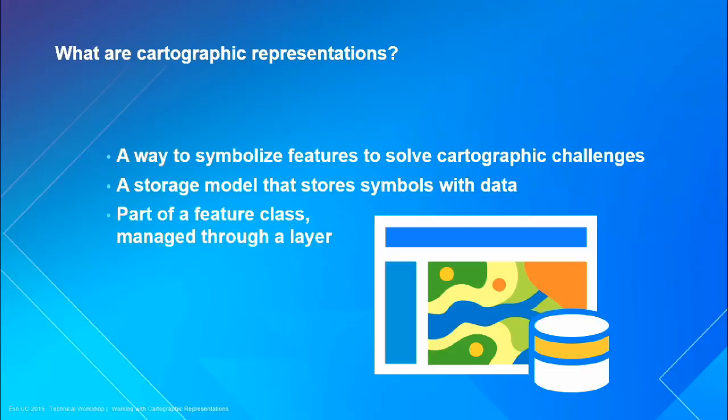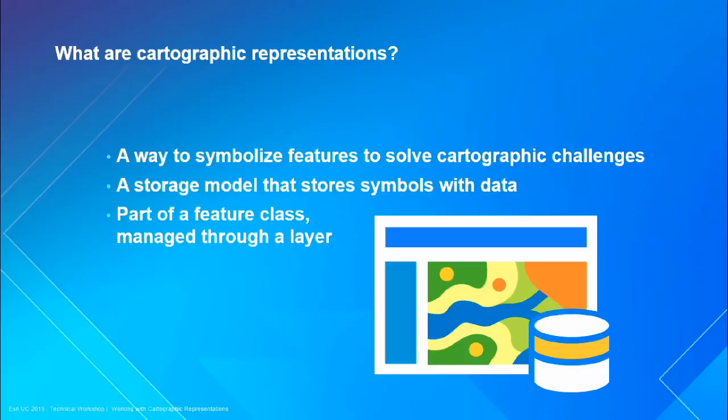So with standard symbols in ArcMap, you have data, and within the context of a layer in ArcMap, you apply a symbol, and they're not really connected to each other. With representations, we store symbol information right inside the feature class, so the data knows how to draw itself. And that's a little bit of a different way of thinking than the standard symbolized layer with source data model.